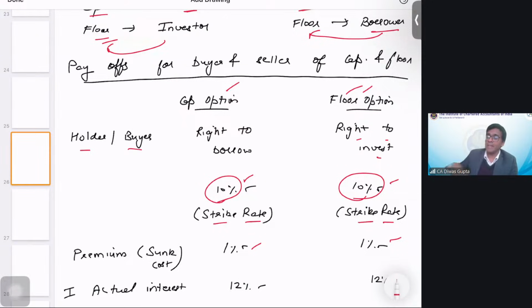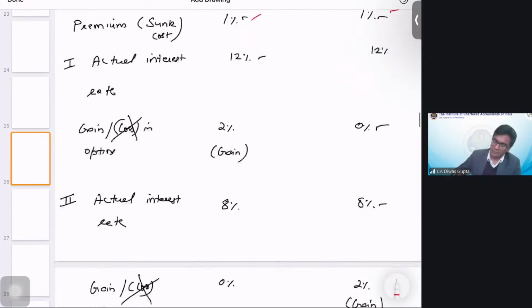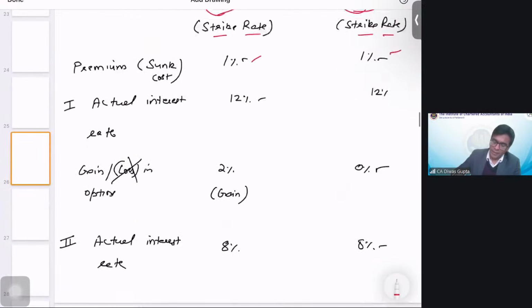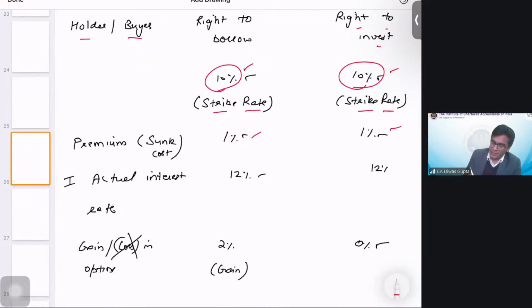So, what is happening here is that at 12%, there is no loss that you are getting. Okay? So this is 2% gain and 0% loss.